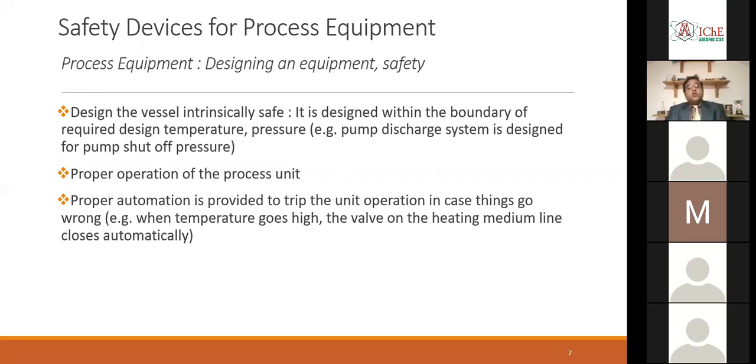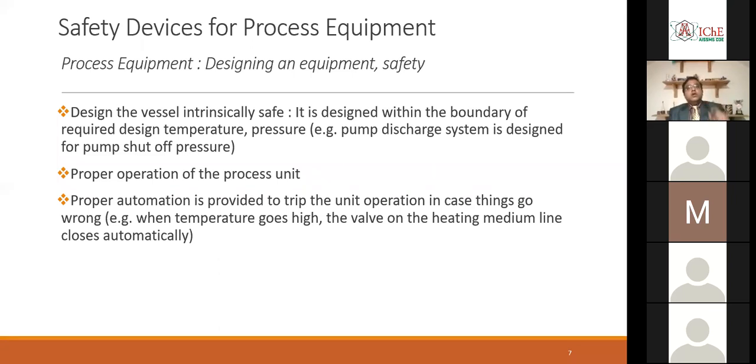Then you provide proper automation to trip the unit in case something goes wrong. Many times it is not possible to have manual supervision over everything. It's impossible, you can't do that. So that's why you need to have some automation. What kind of automation? Generally, it is applied to the control valves, or there is another high level of automation: say the temperature at a certain point in the vessel is operating at, say, 80.